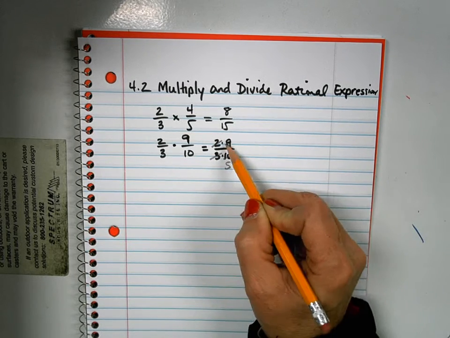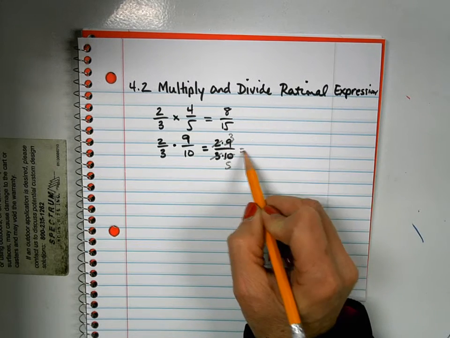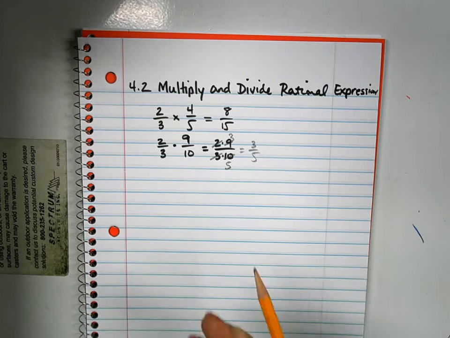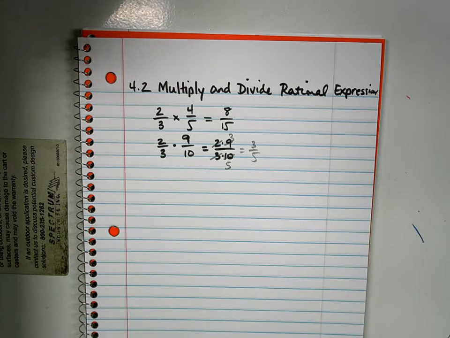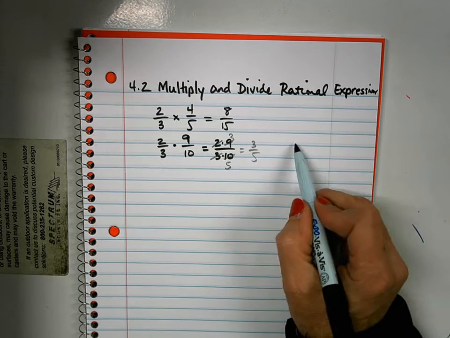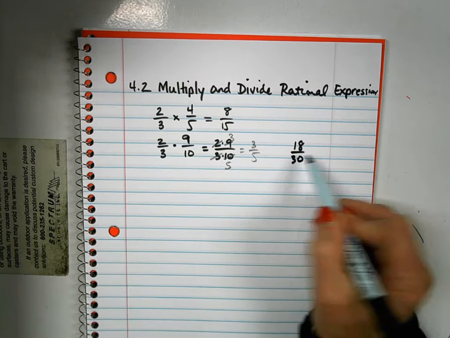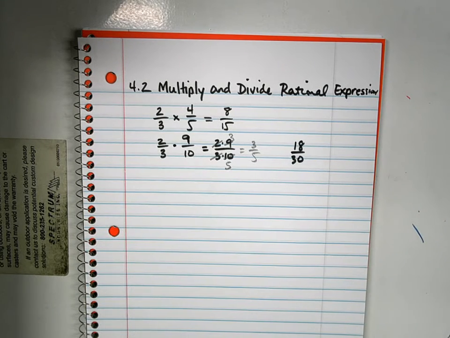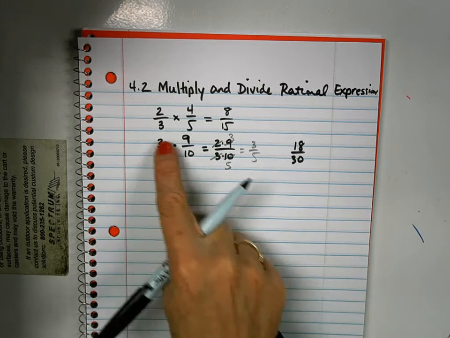I could cancel this 3 with this 9, leaving a 3, and I'd have an answer of 3/5, which is the same as if I multiplied out and got 18 over 30. And since you have done this for so long, taking 18 over 30 and reducing that to 3/5 is not a big deal. But when you start getting bigger and bigger with variables in there, it's going to be easier if you just reduce here.